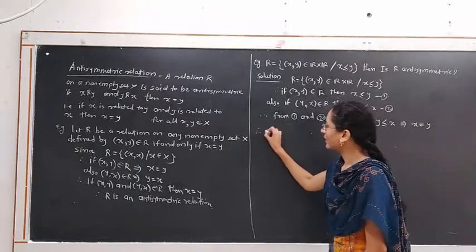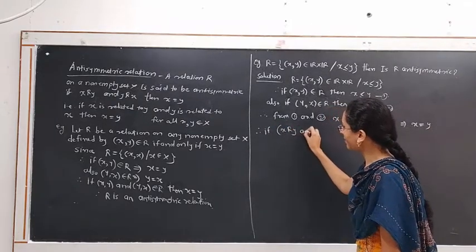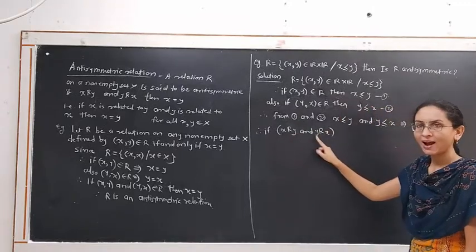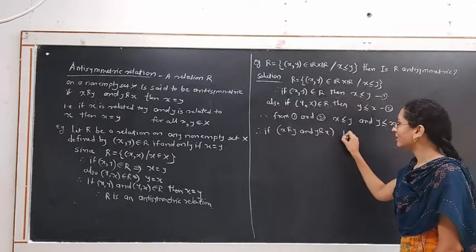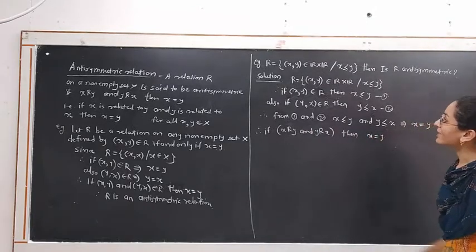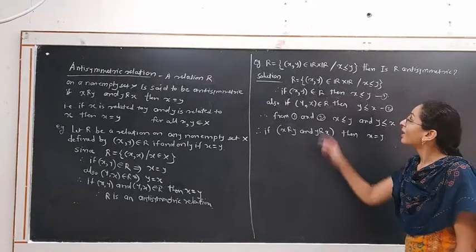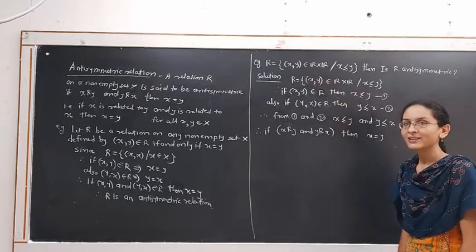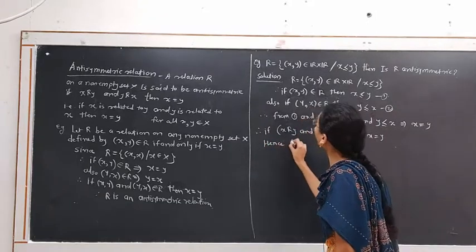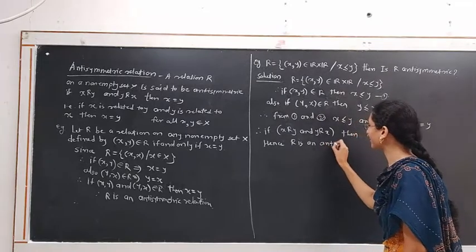Therefore, if x is related to y and y is related to x, then x is equal to y. Hence, this relation R defined on the set of real numbers is an antisymmetric relation.